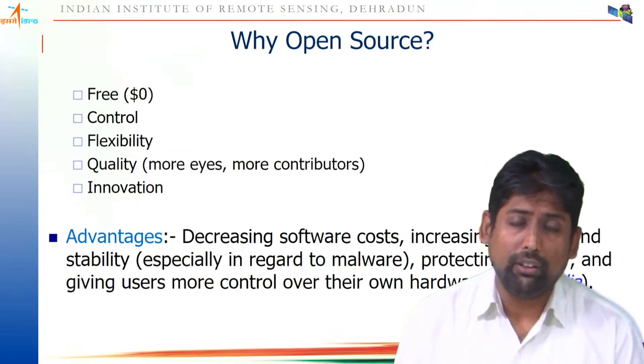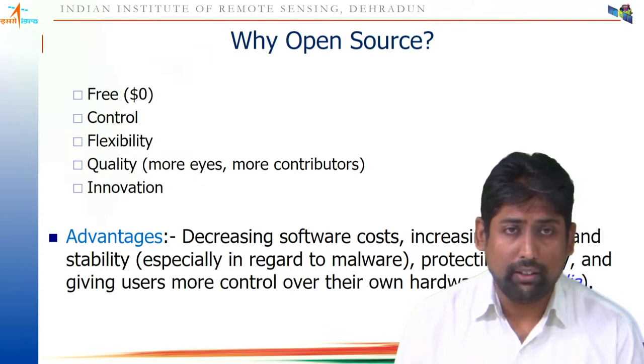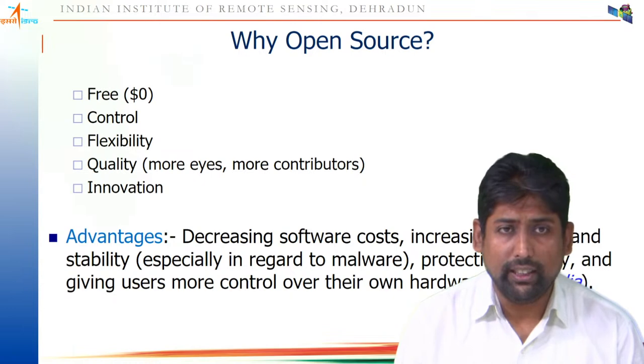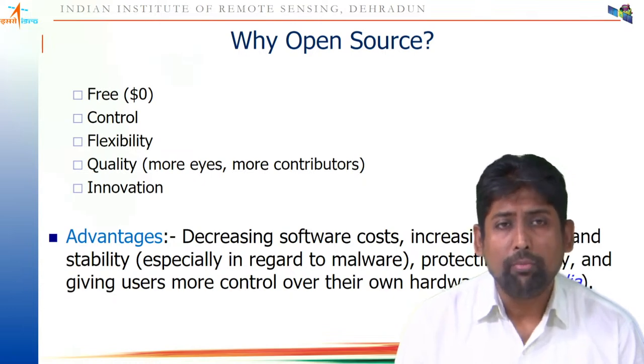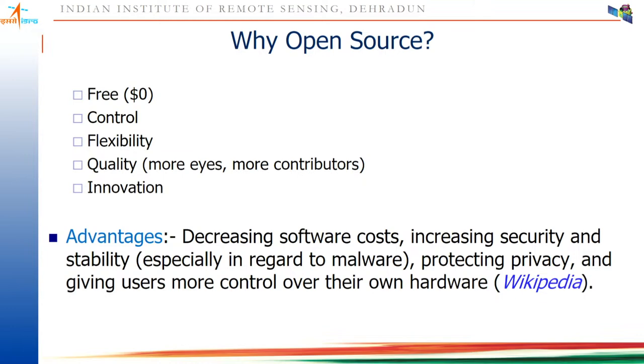So for example, if you are writing a computer program and the end result, that is the executable, is the final software, then if you give this executable along with the source code, you are allowing the users to have control over the software. They can change the software. That is what open source is all about.